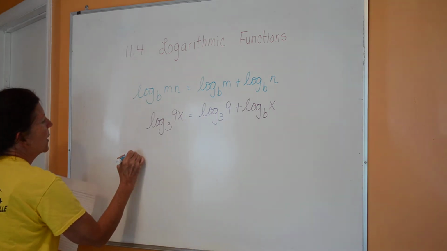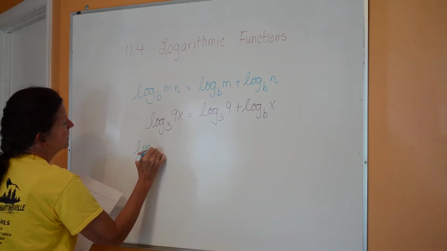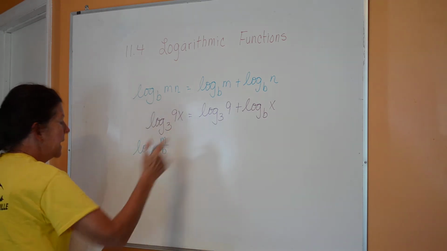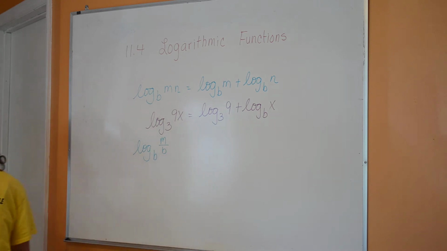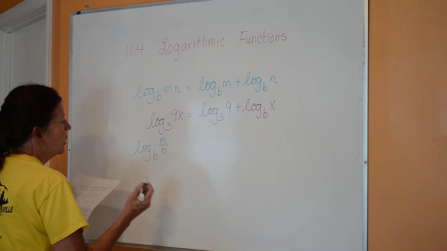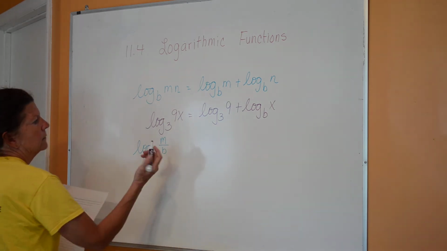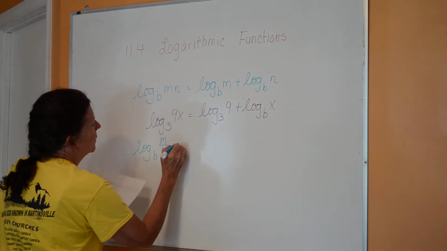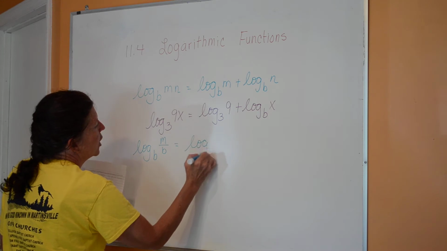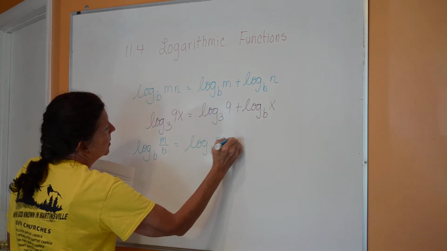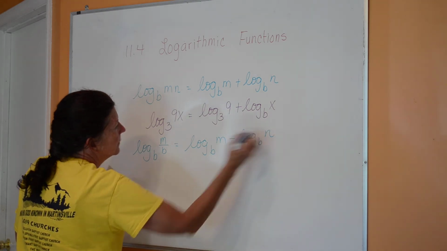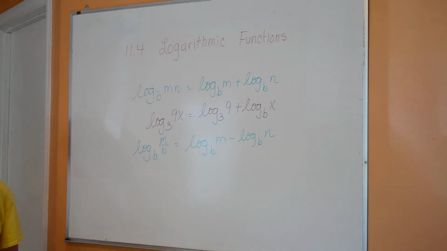That's your first property. That's the multiplication property. This is the division property. If I have division, it's the same as subtraction with a log. So that's the same as the log of base b of m minus the log of base b of n.